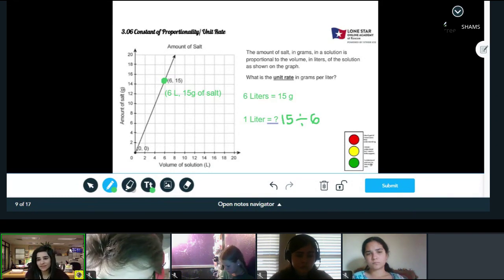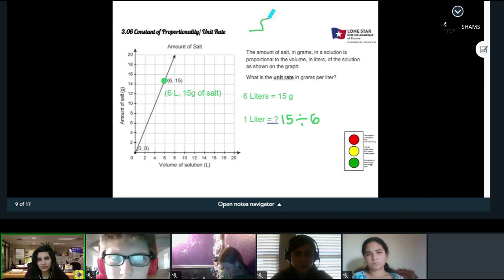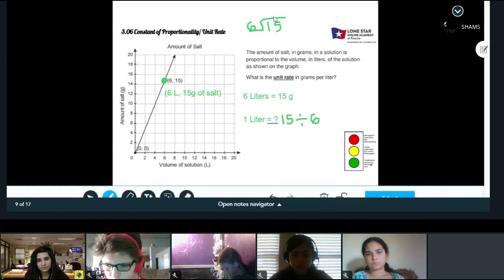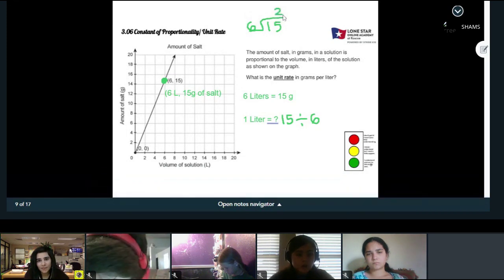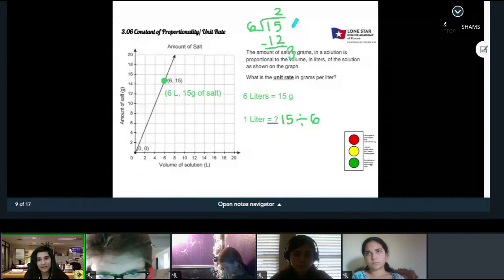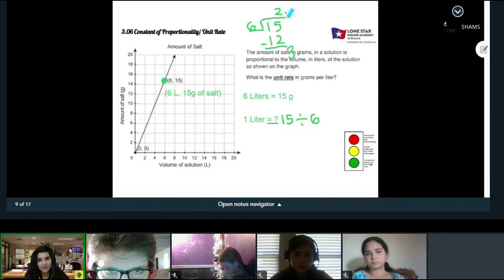So 15 divided by 6 is how much? Let's do a little bit of division and check it out. How many 6 can go into 15? 2 of them, with a remainder of 3, right? I can add a decimal. This will allow me to add a 0.